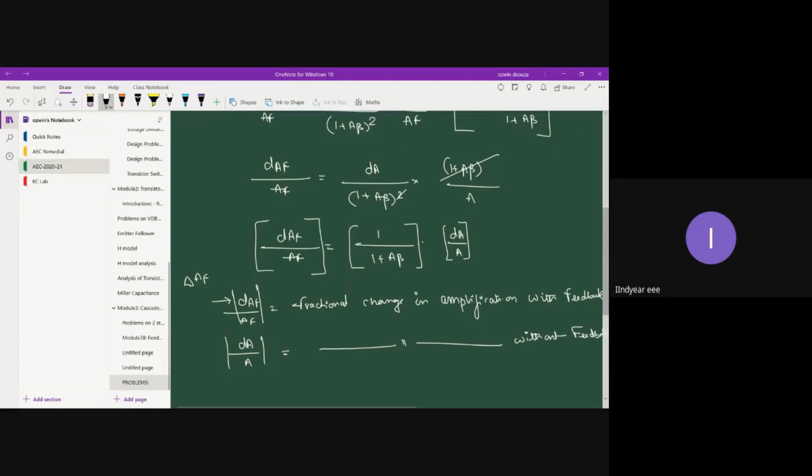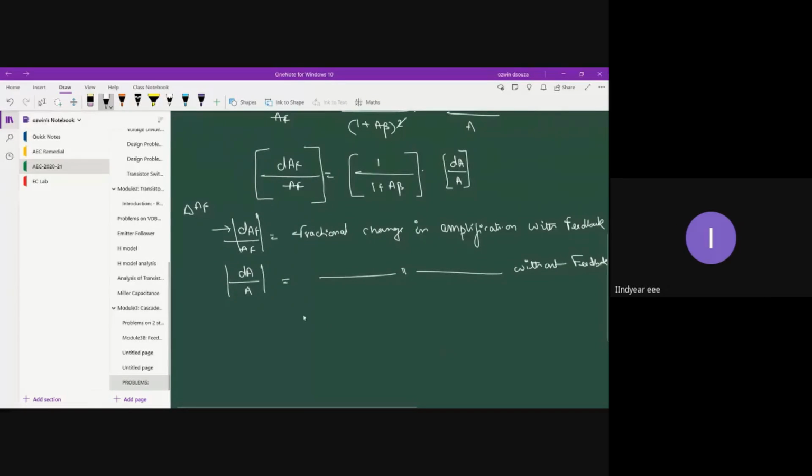All right. Now the term 1 plus A beta is taken as D, which is defined as the sensitivity. So you can write dAF by AF.